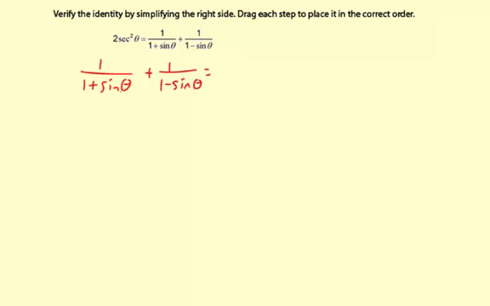We're going to multiply the numerator and denominator by expressions that will make common denominators. So essentially we're going to take this first fraction and multiply it by 1 minus sine of theta over 1 minus sine of theta.